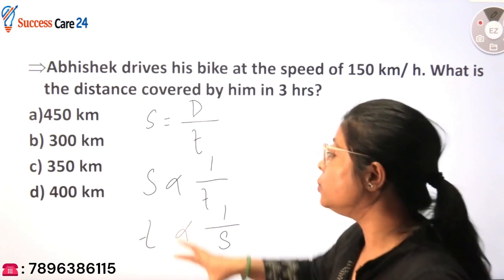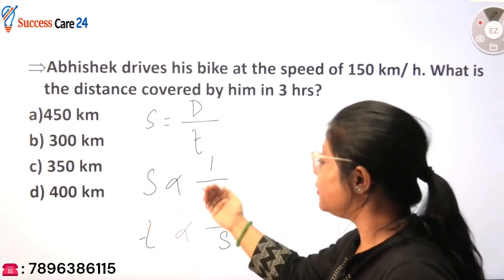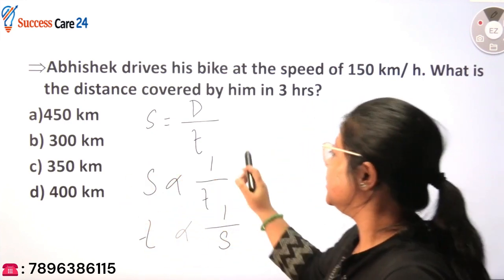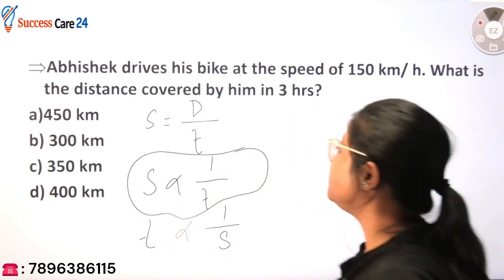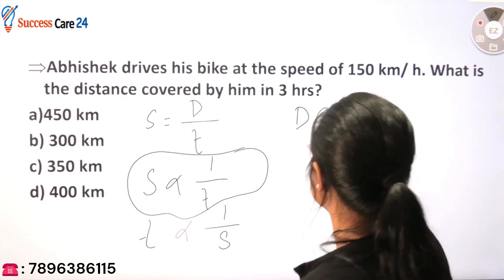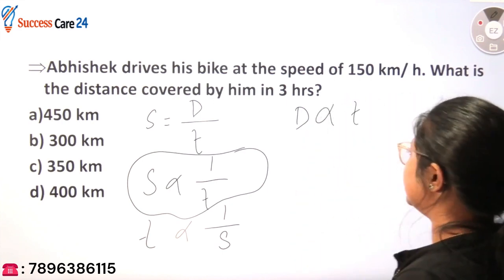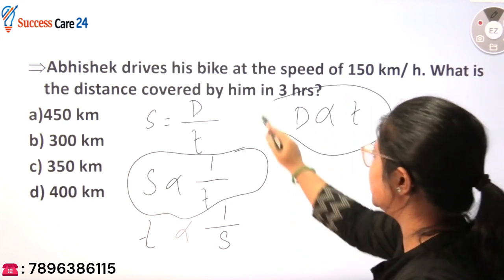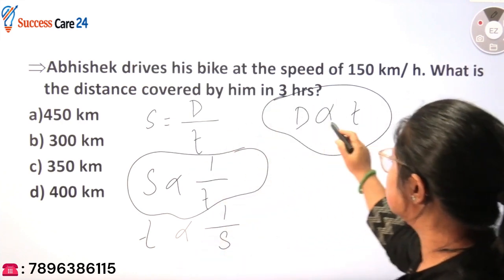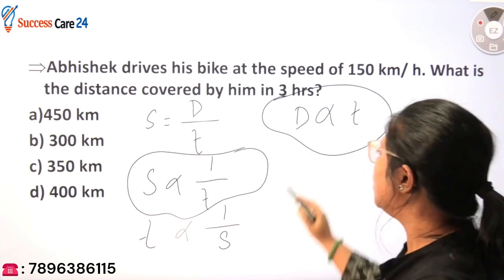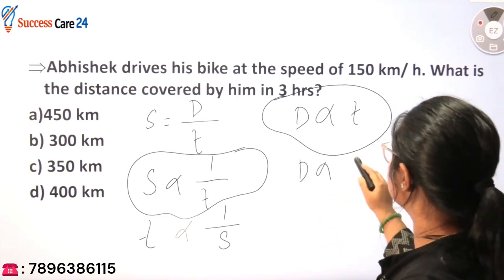When one quantity increases and the other quantity decreases, these two are said to be inversely proportional to one another. And if one quantity increases and the other quantity also increases, then these two quantities are said to be directly proportional to each other. So distance is directly proportional to time, and distance is directly proportional to speed.